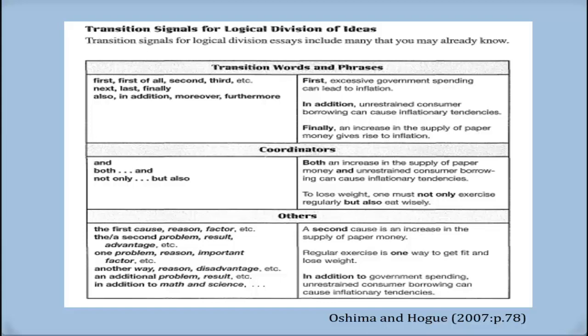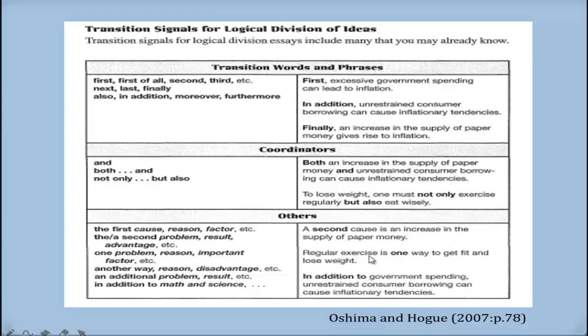And for the other one, you can use the first cause, reason, factor, and so on. And then a second problem, result, advantage, and in addition. For example, a second cause is an increase in the supply of paper money. Then you can continue that.